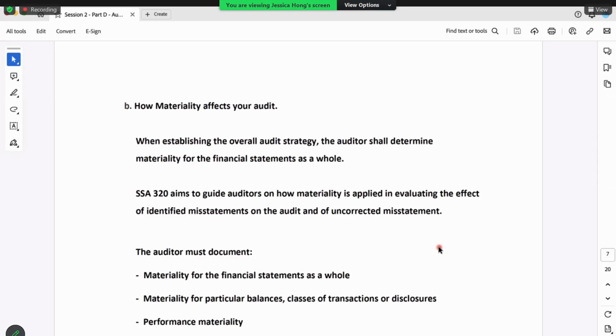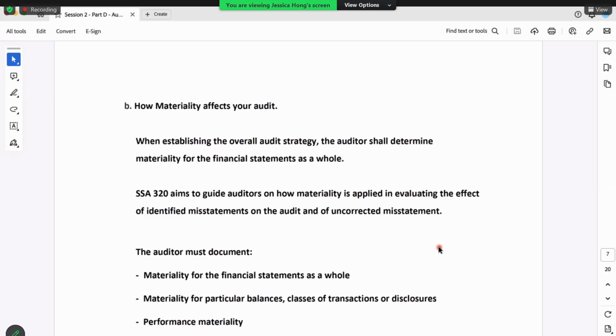SSA 320 mentioned that the auditors must apply the materiality in evaluating the effect of identified misstatements on the audit and of uncorrected misstatements. The uncorrected misstatement is the one that we present in the proposed audit adjustment.